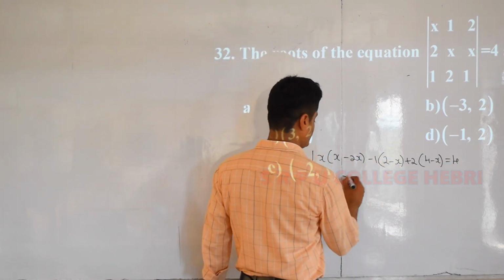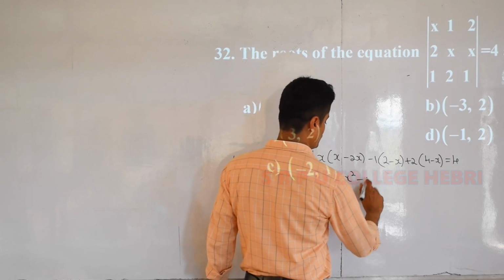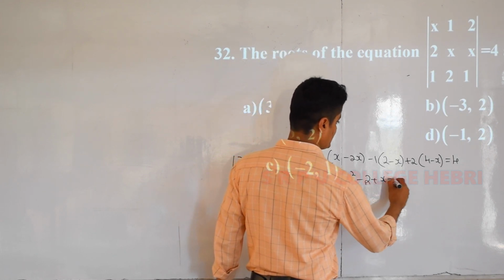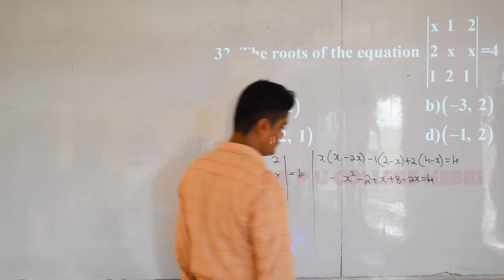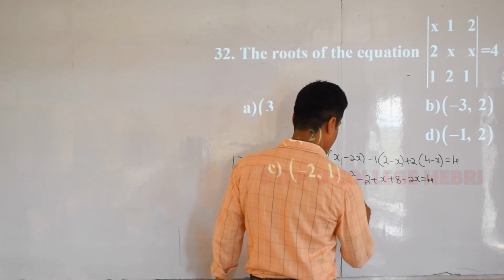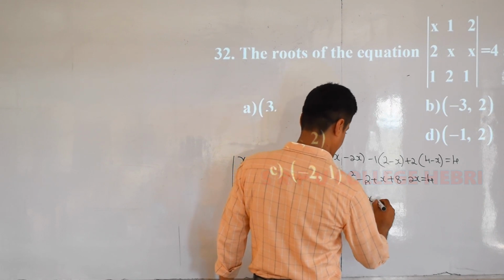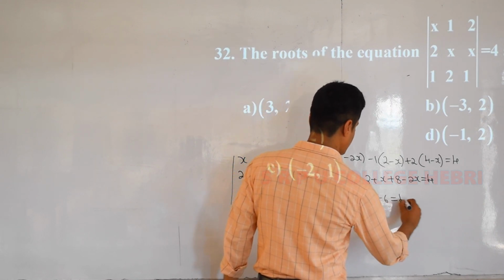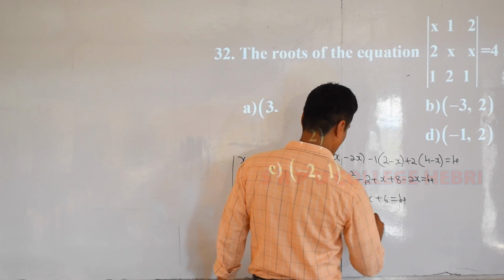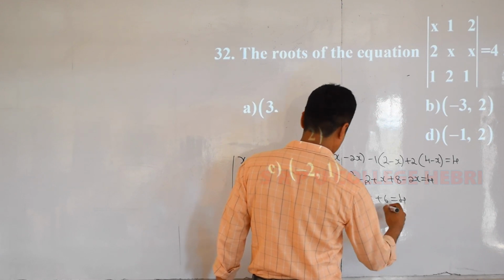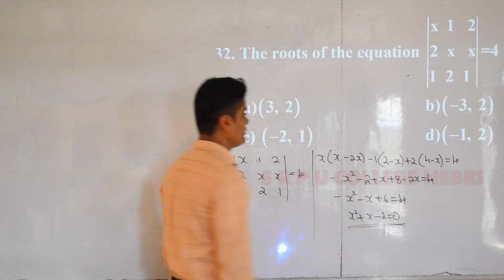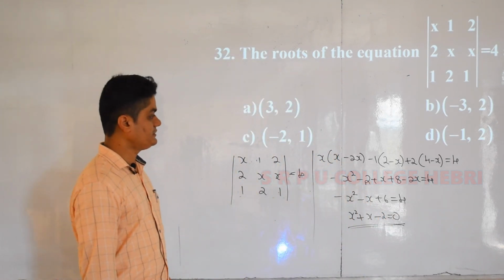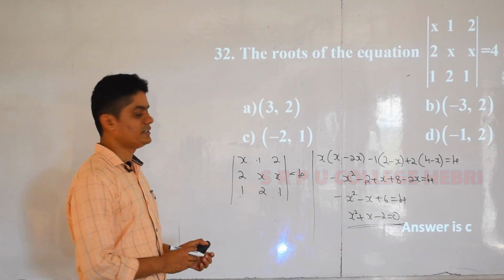Here you will get minus x square minus x plus 6 plus 4 is equal to 0. Here minus 2 plus 2 gives minus 2 equal to 0. If you solve this equation, you will get the answer, and the answer is C, that is minus 2, 1.